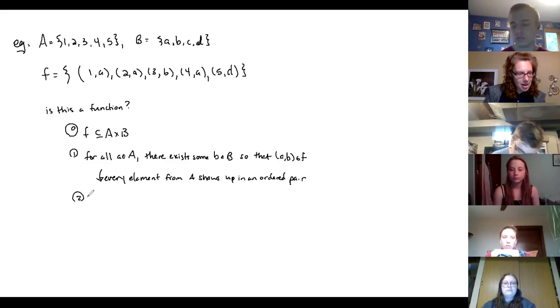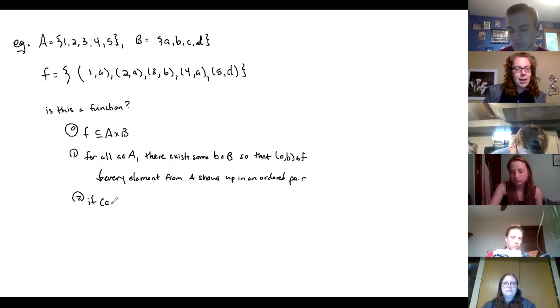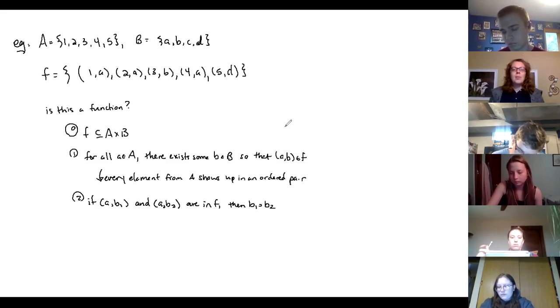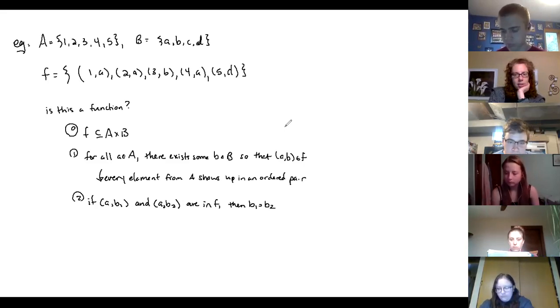Secondly, if A, B1 and A, B2 are in F, then B1 equals B2. So if A B1 and A B2 are in F, then B1 equals B2.